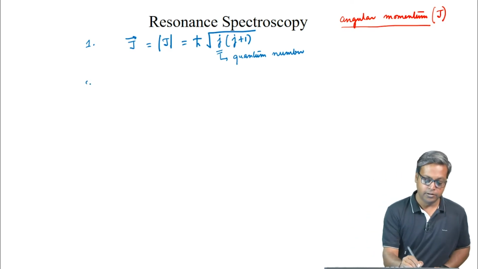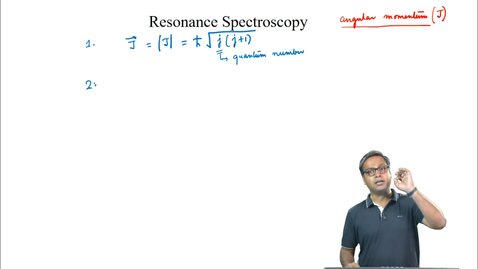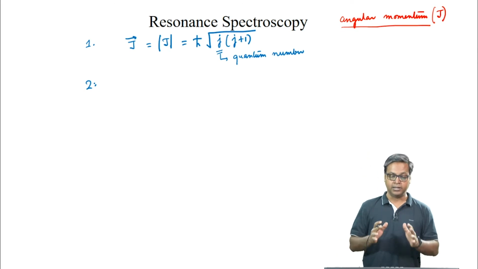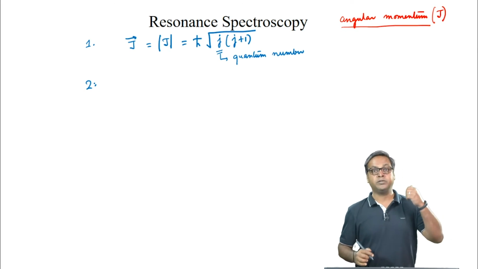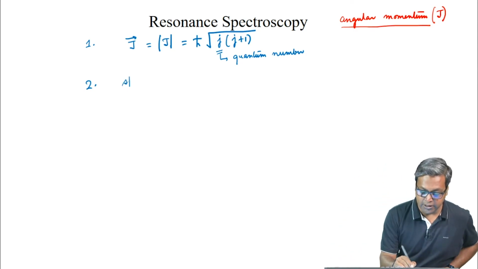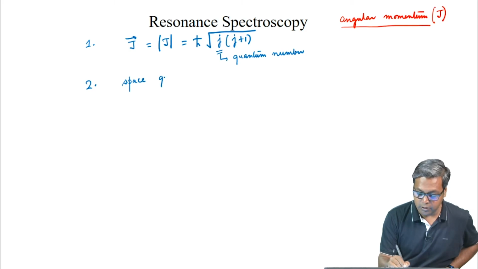Secondly, there are only certain possible orientations of the vector j with respect to the z axis, and this is known as space quantization.